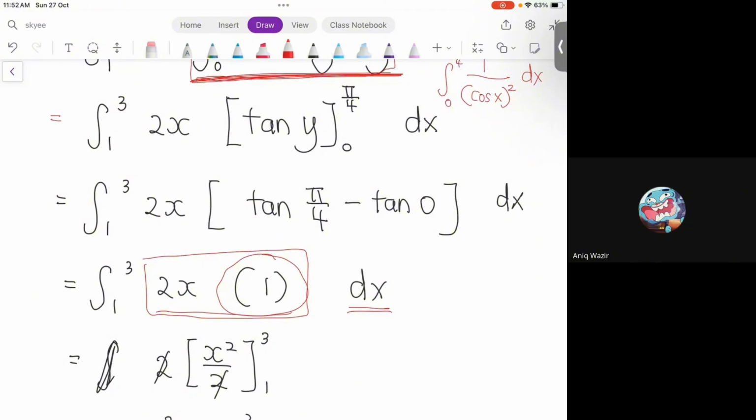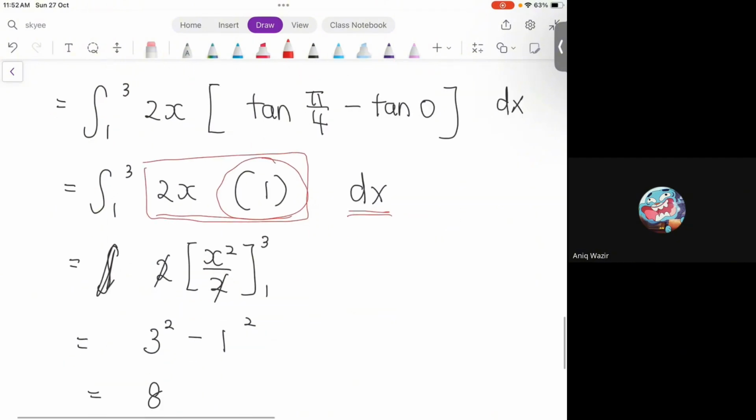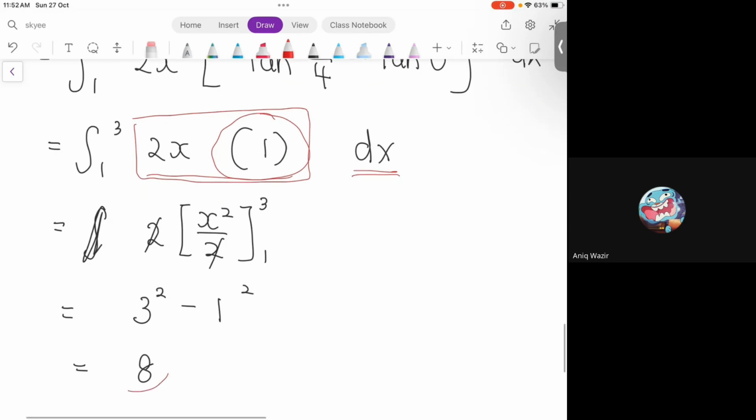You will automatically get the answer equals 8. Everybody, you have to try. So this is a faster way for you to get the answer. Make sure you can use it.